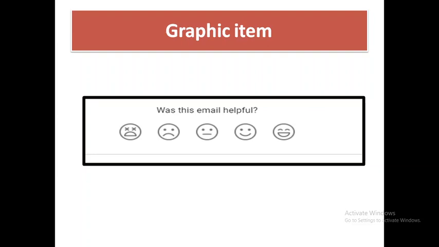As you have noticed, the extreme left is a very dissatisfactory sign, and the extreme right is a very satisfactory sign, and in between there are some moderate and some neutral faces. So this is called a graphic item. This type of item can also be used in a questionnaire or in a data collection tool.